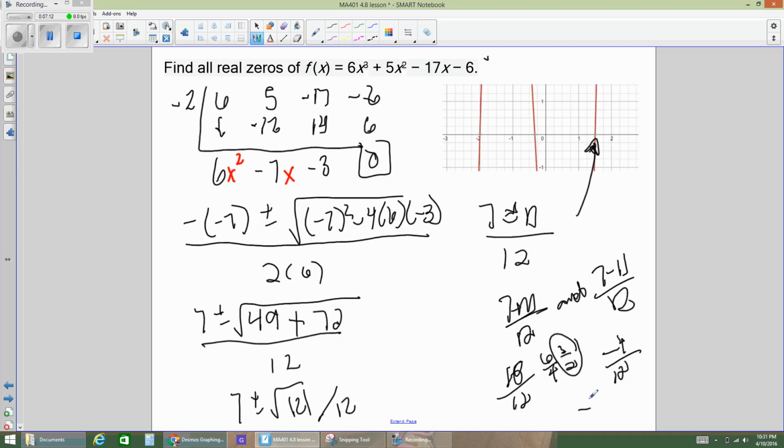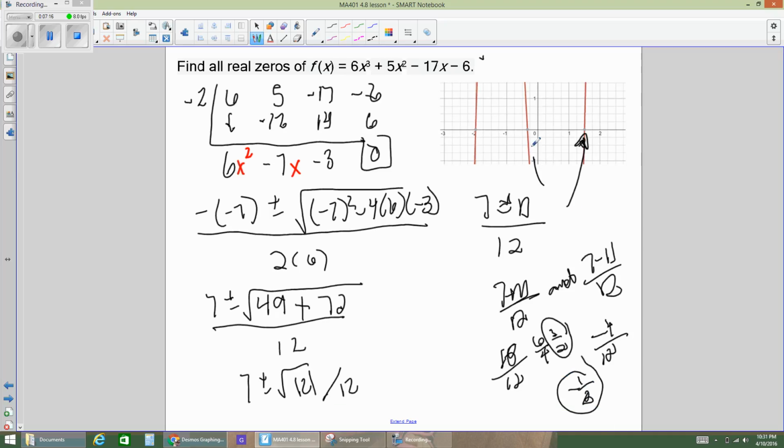So I have negative 1/3. And sure enough, that pretty much looks like 1/3 right there. So I have 3 answers. I have x equals negative 2, negative 1/3, and 3 halves. Lots of work, but nice, pretty answers.